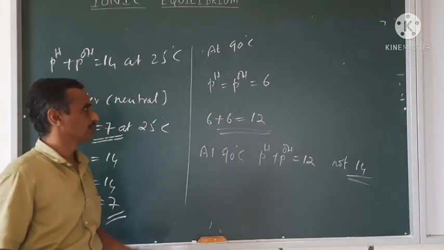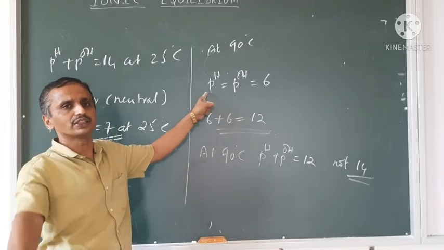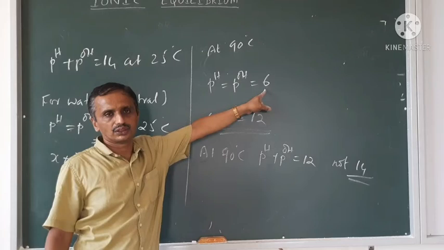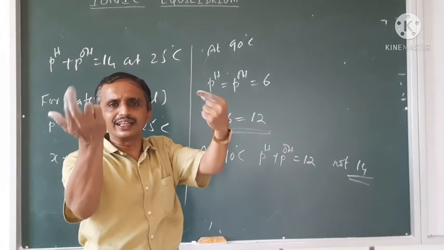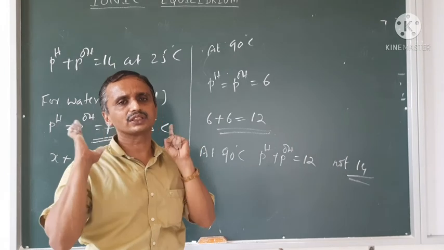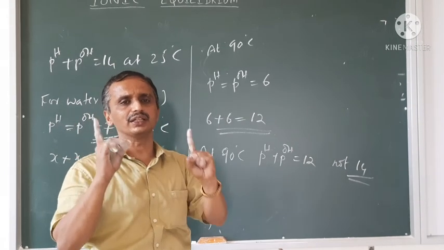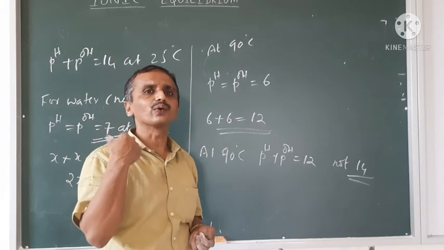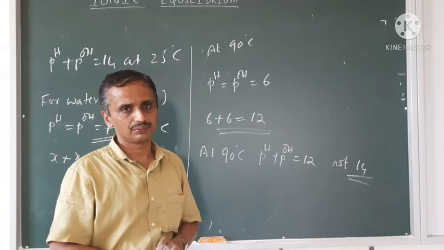Note this. So when the temperature is 90 degrees Celsius, a neutral solution will have pH 6. Anything greater than 6 is basic, anything less than 6 is acidic, and anything with pH 6 is neutral in nature if it is measured at 90 degrees Celsius. This is due to more ionization as the temperature increases.